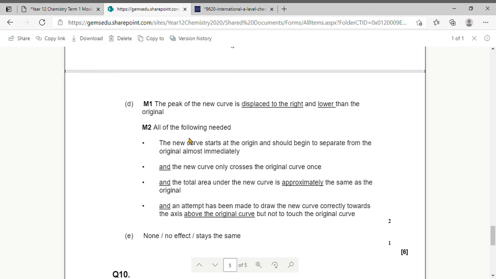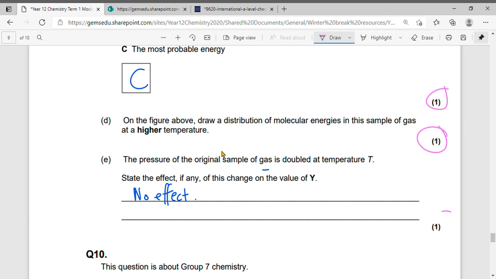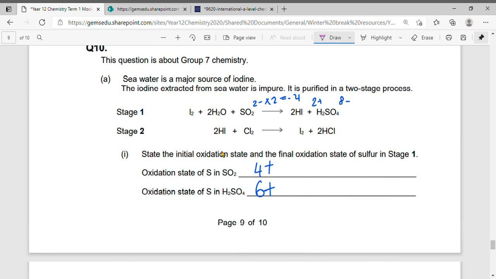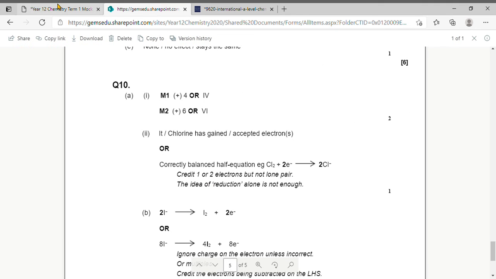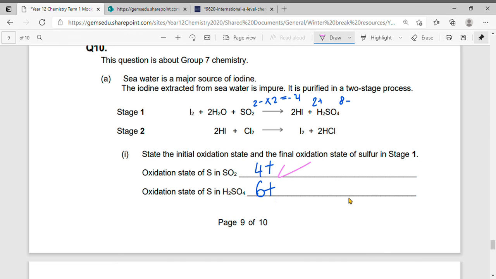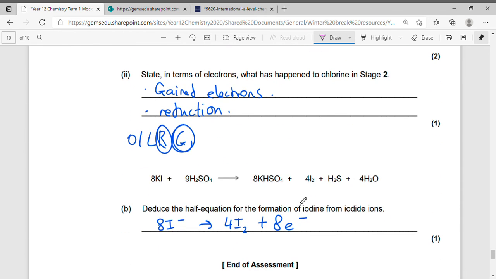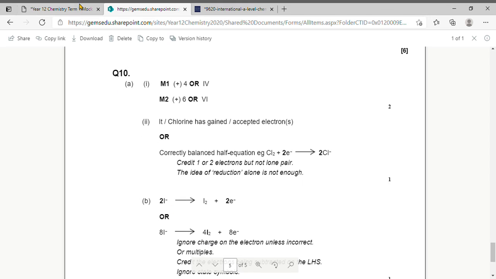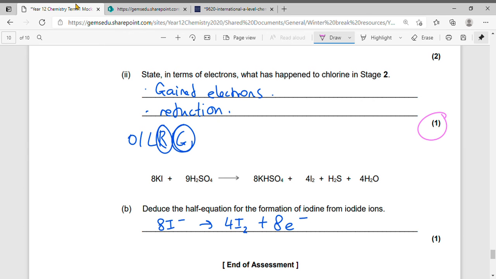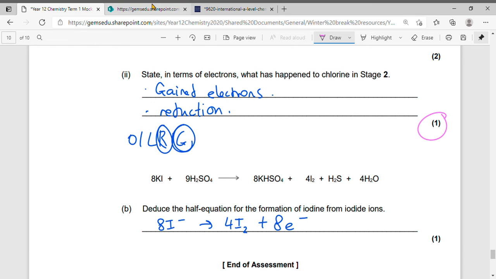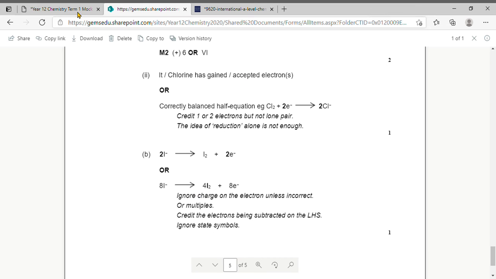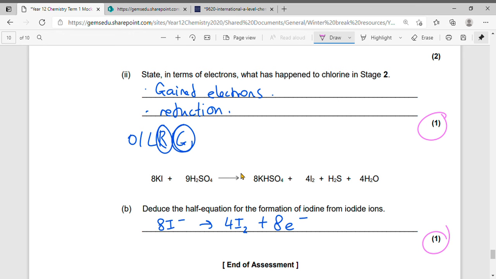No effect. Excellent. That's 4 plus 6. Excellent. Gained electron. Ooh, this one was a little bit tricky. I thought that.